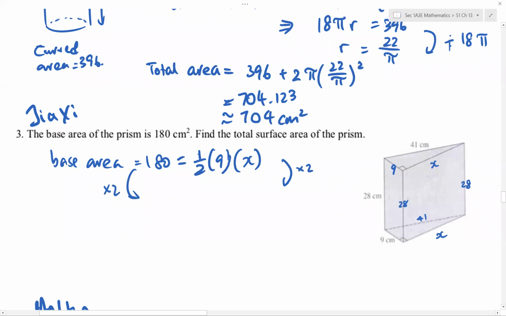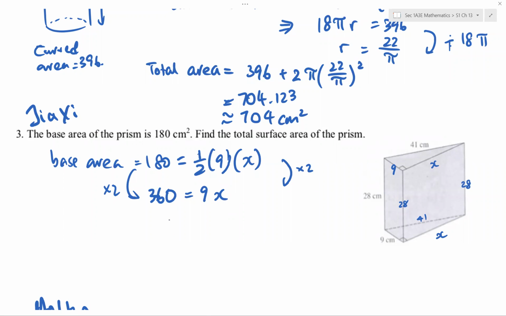Consider this as opposed to 180. To get the area, I had to times half, so I had to times 2. Now we are thinking about it in another way. To get rid of the half, I just times 2. Okay, so 360 gives me 9x. Okay, what do we do next? How?